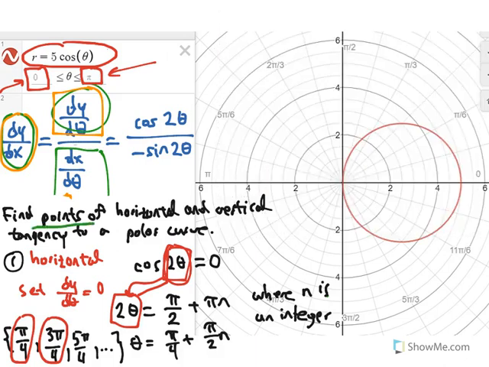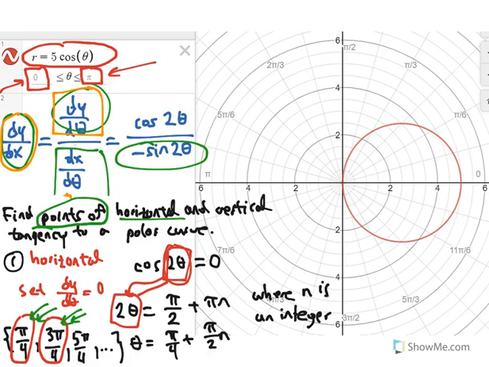But observe that the instructions actually state find points of horizontal tangency to the polar curve. So we now know that we will have the potential to have horizontal tangent lines at these two values of θ. You also want to make sure that the denominator of dy/dx will not be equal to 0 at the same values of θ, and it will not be for this problem.